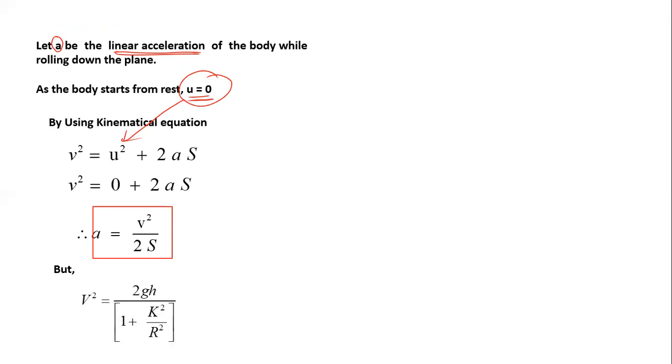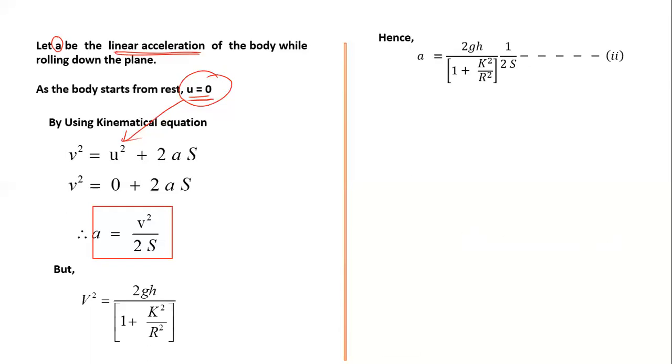So v square is this, 2gh divided by 1 plus k square by r square. After substitution of this, we get a is equal to this v square, and this 2s as it is.